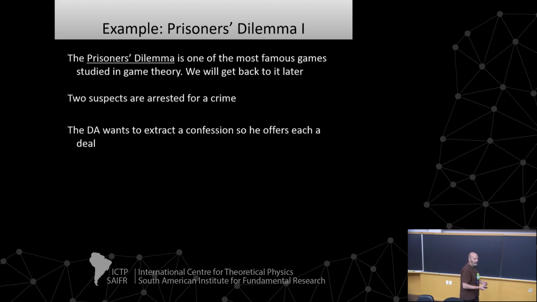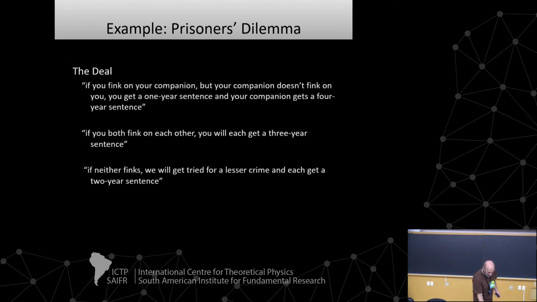So the idea of the game is the following. There are 2 suspects that were arrested for a crime. And the police department wants to extract a confession. So the police offered to each of the prisoners a deal. And what is the deal? The prisoners are put in separate rooms, and to each of them, the same offer is made.